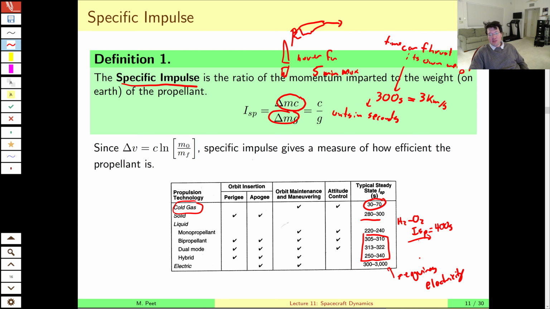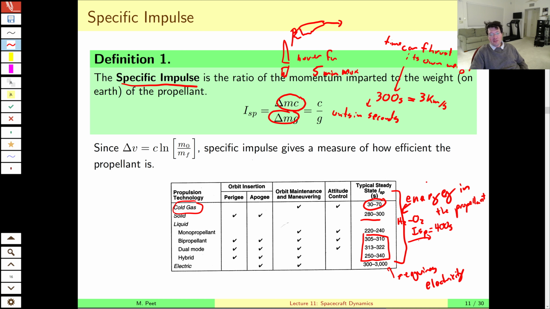In all of these other cases, all of these propellants have the energy self-contained. The energy is in the propellant itself. We don't need to add anything. For these electric rockets, it requires solar panels or some other way of creating electricity.